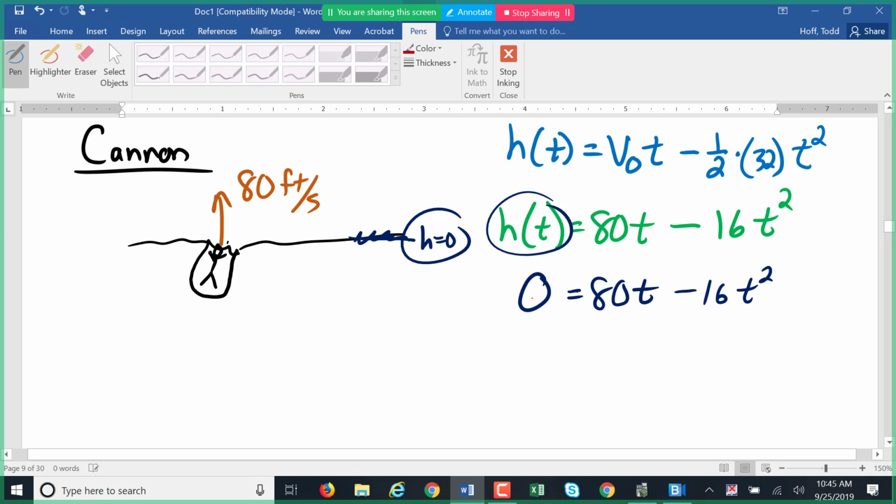It's already equal to 0, so let's factor it. Common factor is 16t. If I divide this by 16t, 80 divided by 16 is 5. T divided by t divides out. 16t squared divided by 16t is a negative 1t, or just negative t.